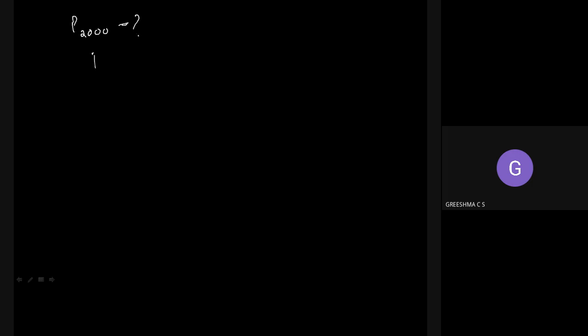So our equation is, Pn, the projected population, is equal to Pn minus 1 into 1 minus R0 into 2d dash divided by 100. Okay, so this is the equation.